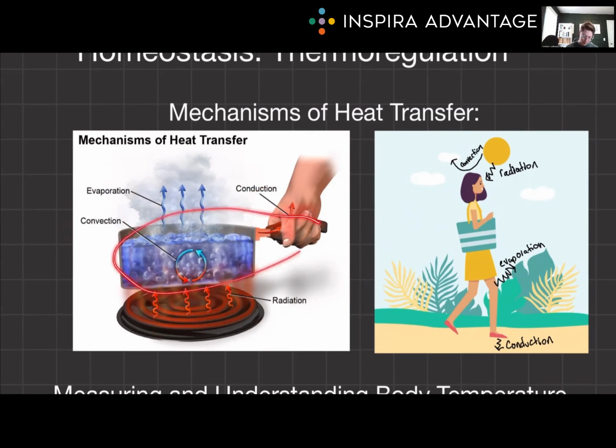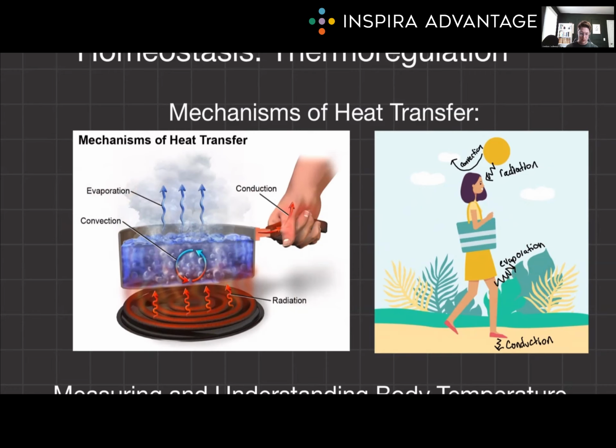So we see the person holding the pot, it's not touching the coil, but there's still heat coming off from it, and this heat is bringing energy to the pot. Evaporation of water from the skin or respiratory surfaces allows animals to dissipate heat. In the diagram on the right, we show this by just a little wave coming off of this lady's leg, saying she is sweating, the sweat is evaporating, cooling her down.